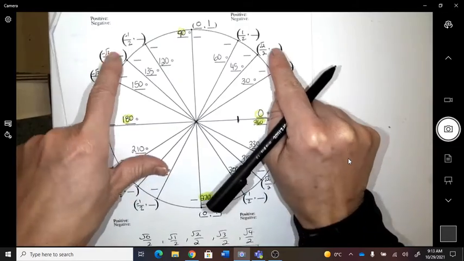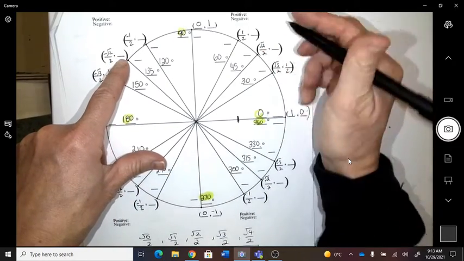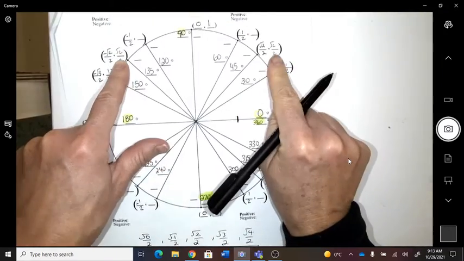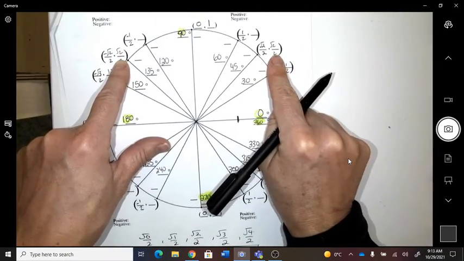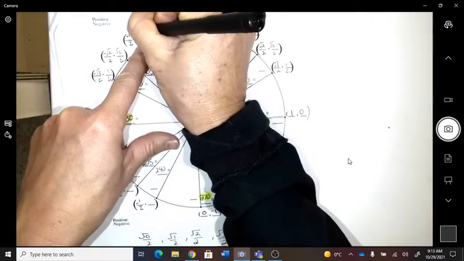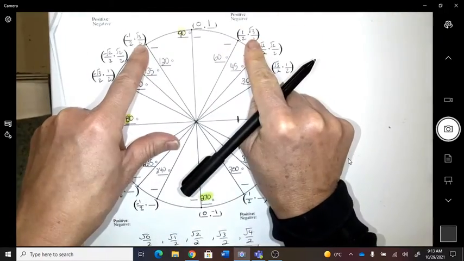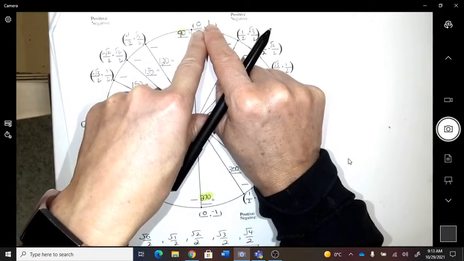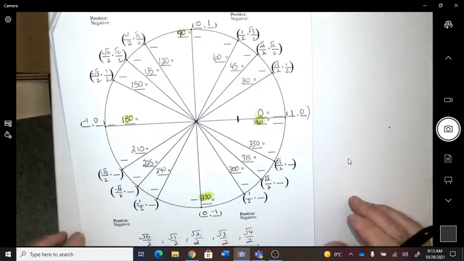I'm going to move up. Those are heights of root 2 over 2. I'm going to move up. Root 3 over 2. And then I move up, and I'm at 1. Well, that's a surprise that we're going to do inside.